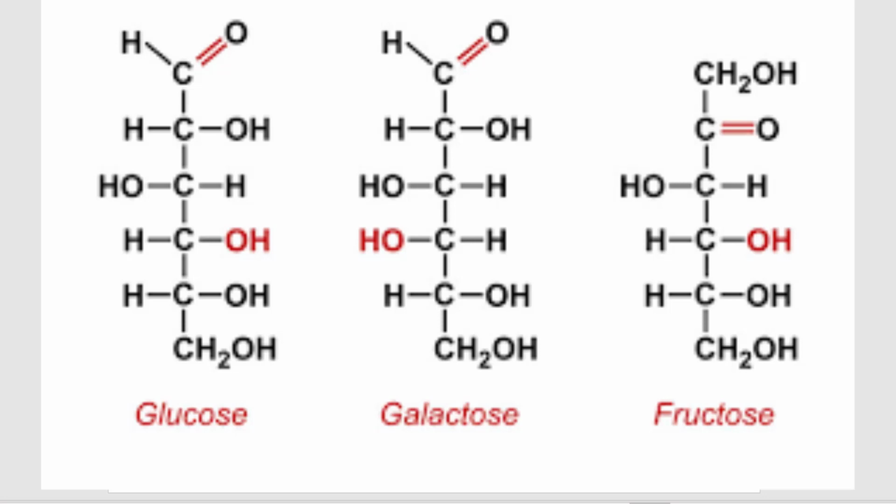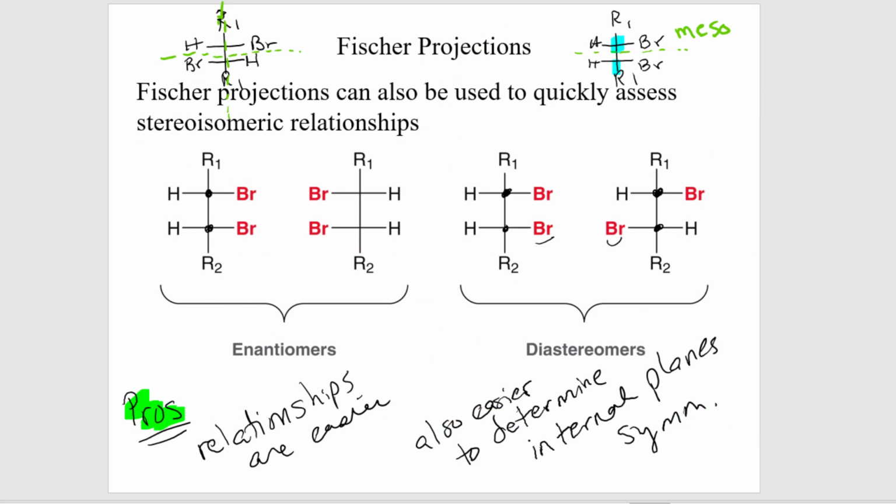So as you can see, when you're looking at carbohydrates in a Fisher projection, because their structures are very similar to one another, it's so much easier to look at them and see the differences and understand which carbohydrate is which if you're using Fisher projections instead of zigzags. So that's one of the benefits. That's another benefit to using Fisher projections purely for carbohydrate chemistry.